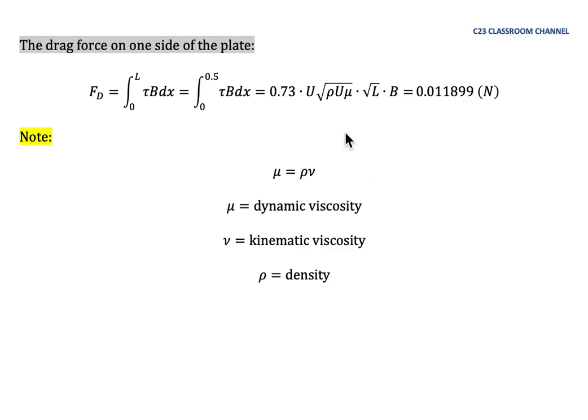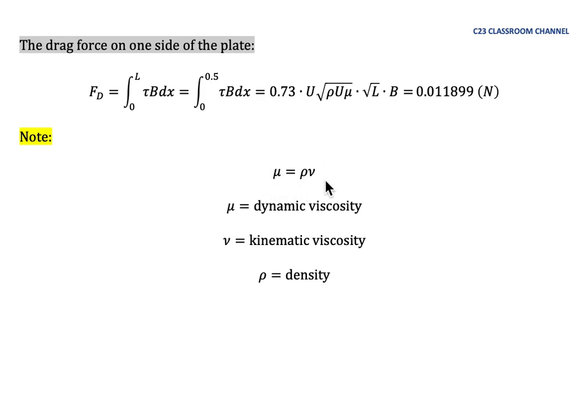This is the drag force on one side of the plate. From our previous lesson, we could calculate from the velocity profile, u over U, using the von Karman equation, and finally we come out with the equation for drag force. We do that, and you have this equation, and then we substitute all the parameters. The mu is equal to rho nu.